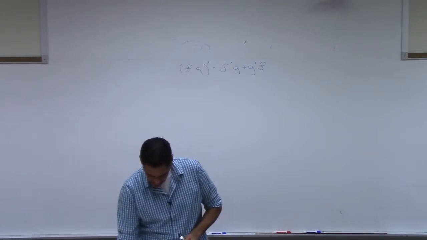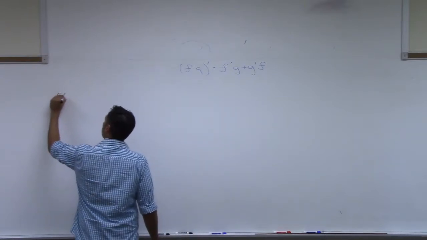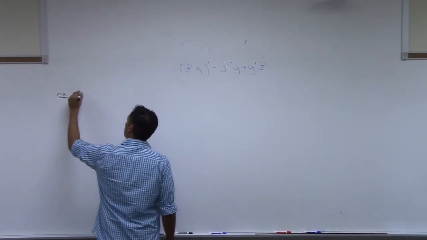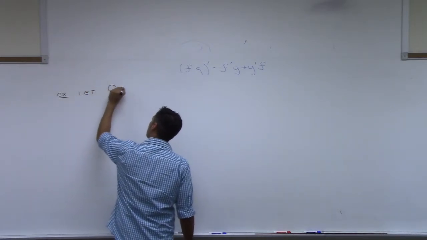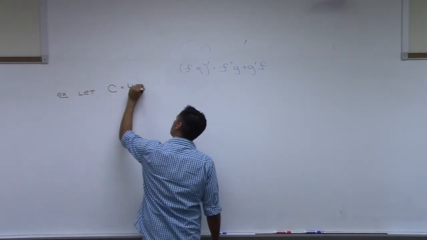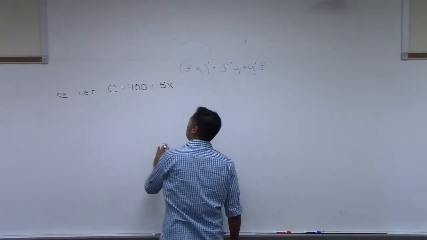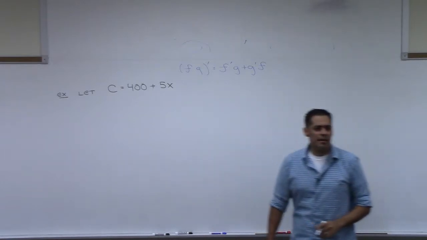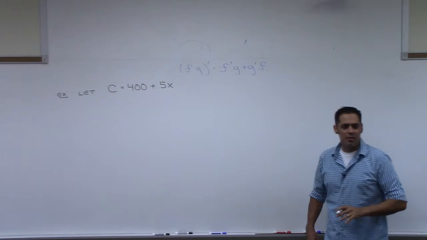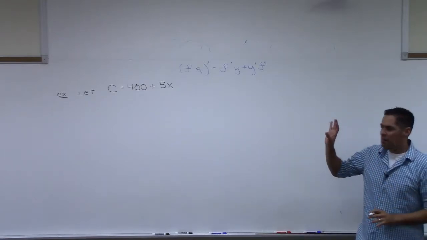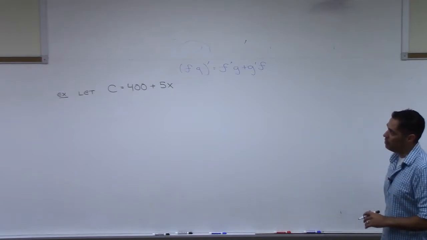Here's an example. Let C equal 400 plus 5x. This is almost like a cost function. I'm not giving you any information like dollars, we're just trying to prepare ourselves for a cost function in maybe the next example.